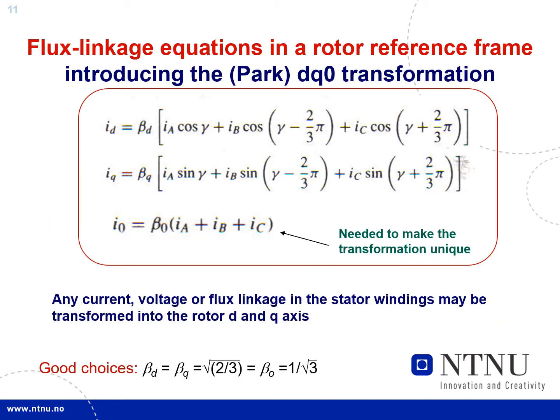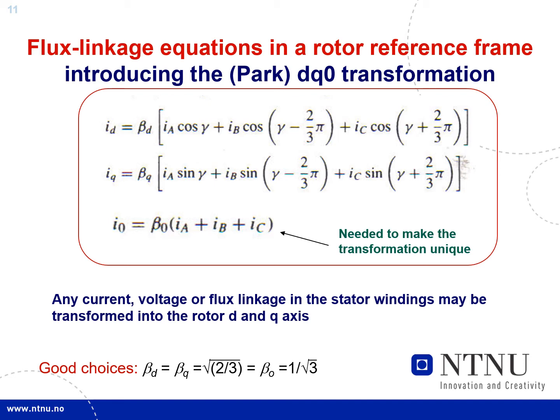Then it is time to introduce the Park transformation. And in this setup, it is indicated as the transformation from stator quantities in A, B, C to D and Q axis quantities. And we see that it's a time varying transformation as it depends on the position of the rotor.